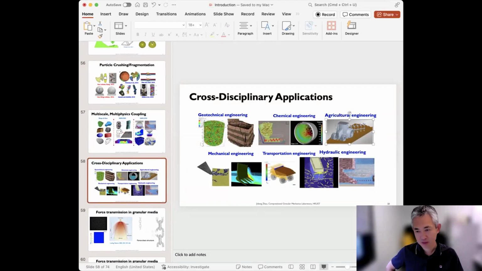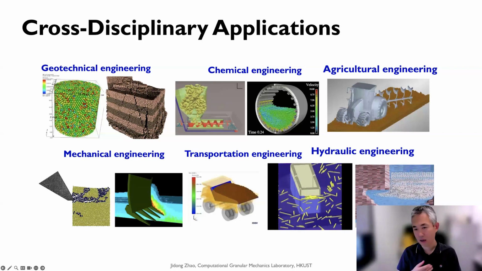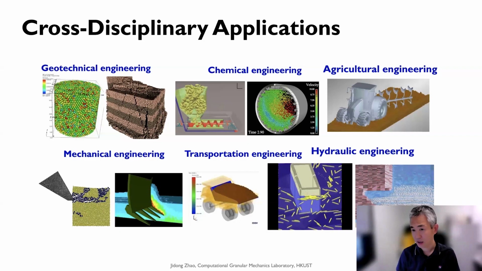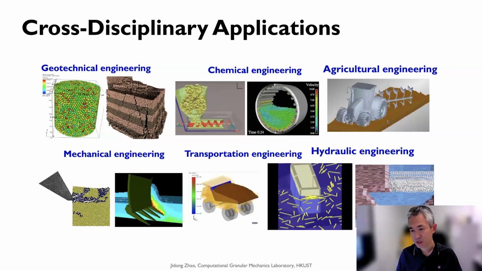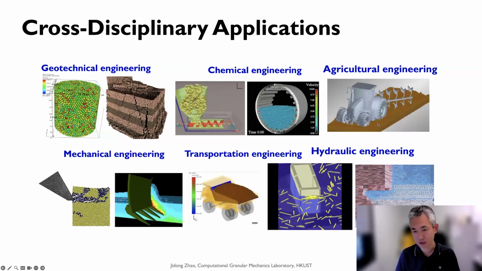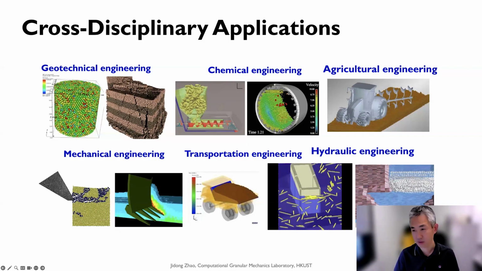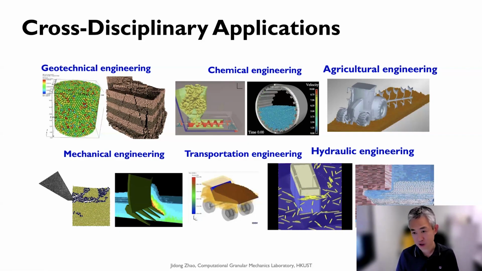Like the example I show here, essentially this is a tire-terrain interaction problem, where we want to have sufficient simulated soils as granular material layers, and then track how the tire develops enough traction through this friction.